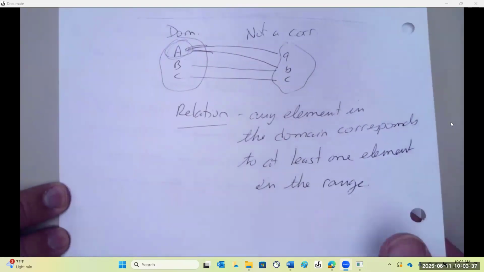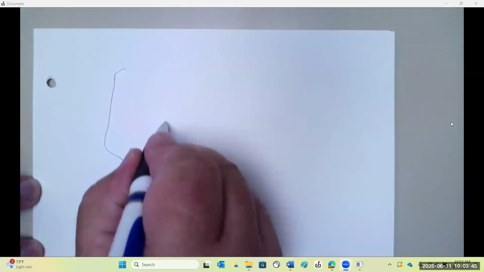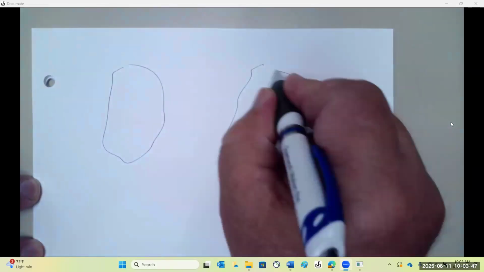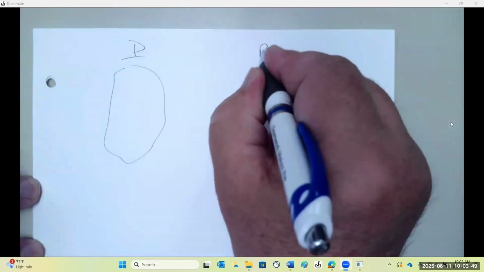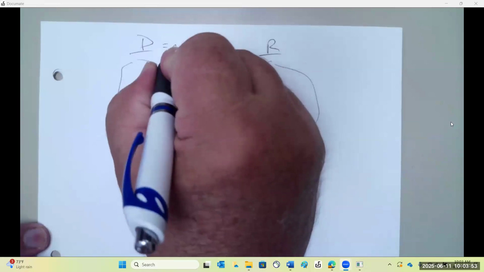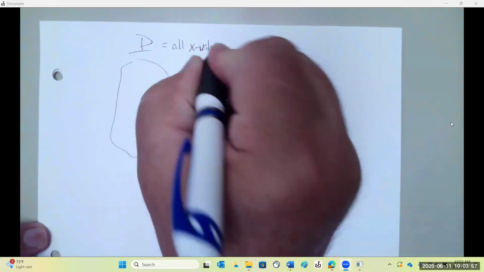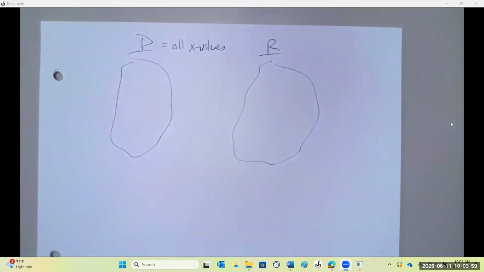Let me give you some other examples. So here we have in the first, the domain and the range. Remember, domains are all the values of X. All of our independent variables, those are our domain.